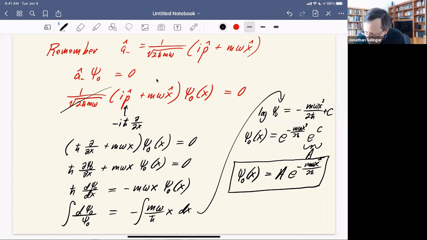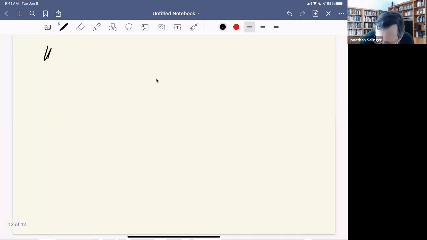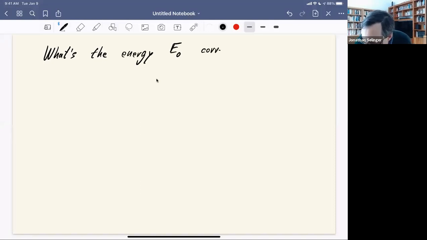Now we could say, what's the energy E0 corresponding to psi 0? One way to work that out is from Schrodinger's equation.